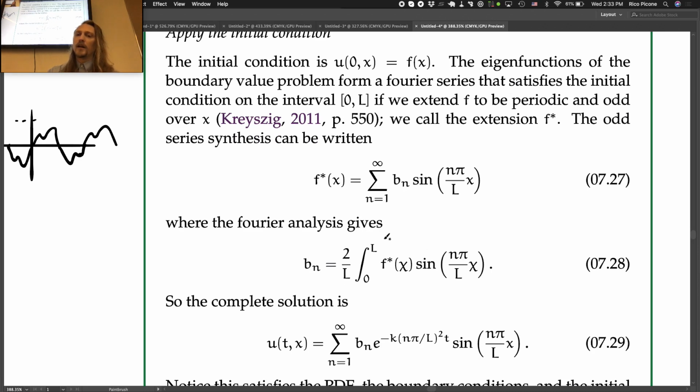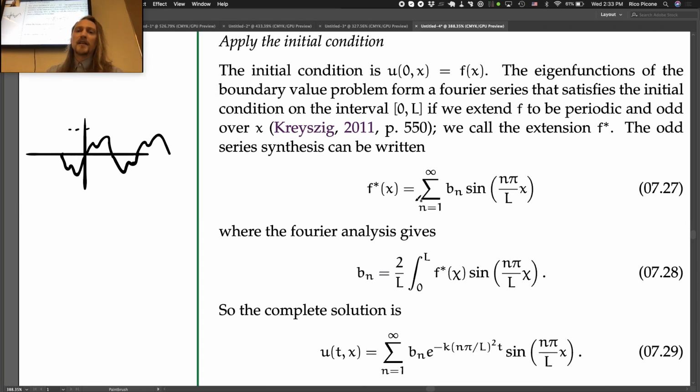This is just the standard Fourier analysis, and we chose the sine series because we made it an odd extension. We could have made it any periodic function that just repeated from 0 to L, and if we didn't do the odd extension, we would have had to do an An and a Bn, but we just arranged it to be convenient for us.